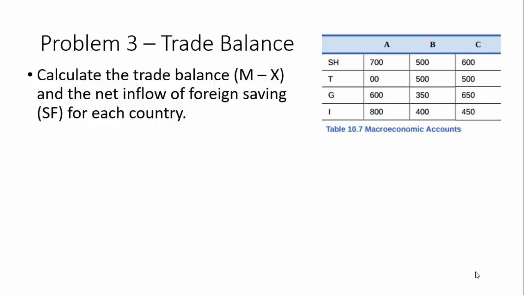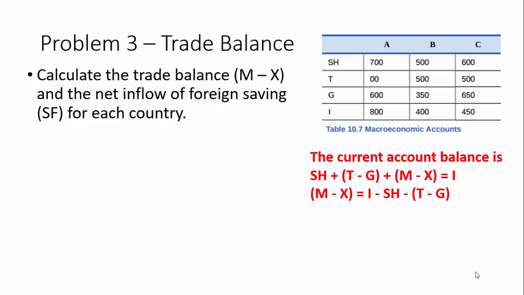That's what's counted as foreign inflow of foreign saving. SF from each country really is the output of our trade balance. There are several ways to look at it. The current account balance is related to the trade balance, because the trade balance is part of the current account balance calculation.